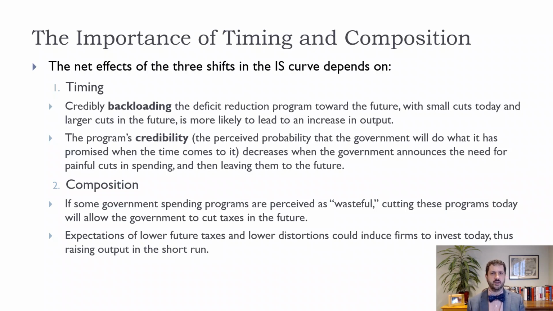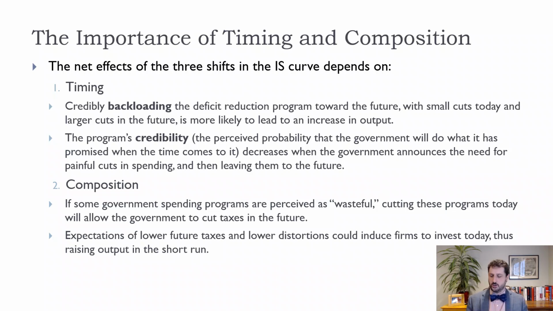Obviously, these can be more efficient or not. One of the problems in the United States is that our government construction programs, whether we're talking roads or bridges or whatever, tend to be much more expensive than in other countries. And so that means that we get less bang for our buck.